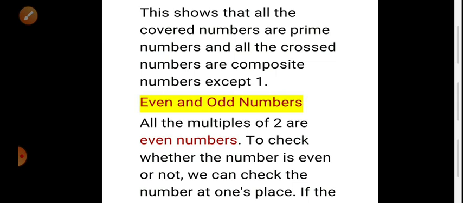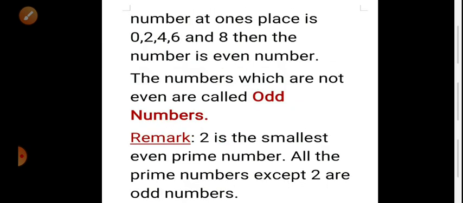If the number contains 0, 2, 4, 6 or 8, then the number is an even number, and the numbers which are not even are known as odd numbers, or you can say the numbers which are not divisible by 2 are odd numbers. Remark that 2 is the smallest even number, or you can say 2 is the only even prime number. All the other prime numbers are odd other than 2.